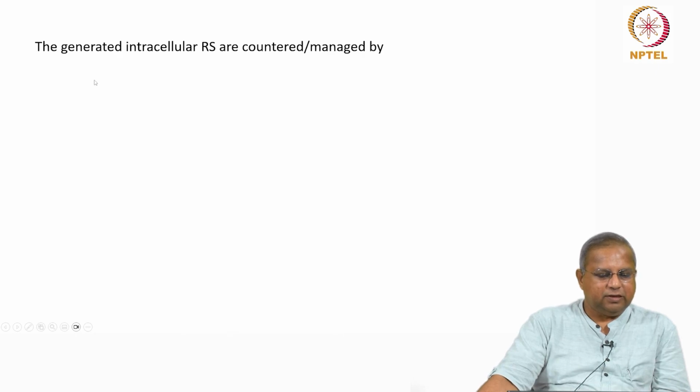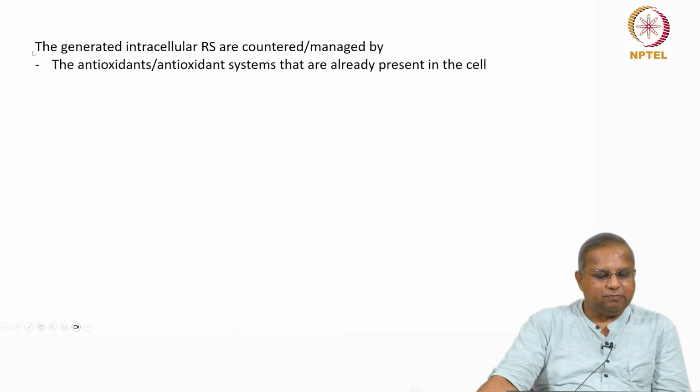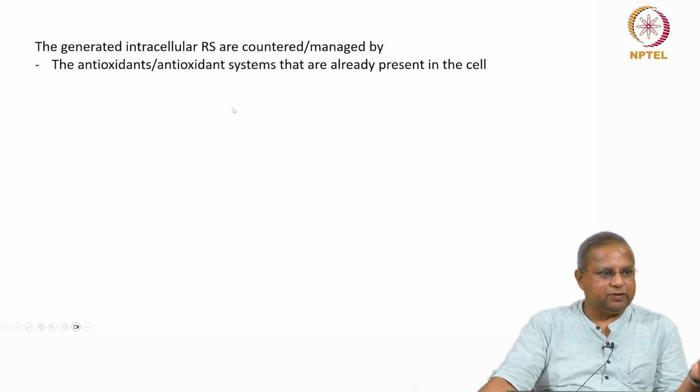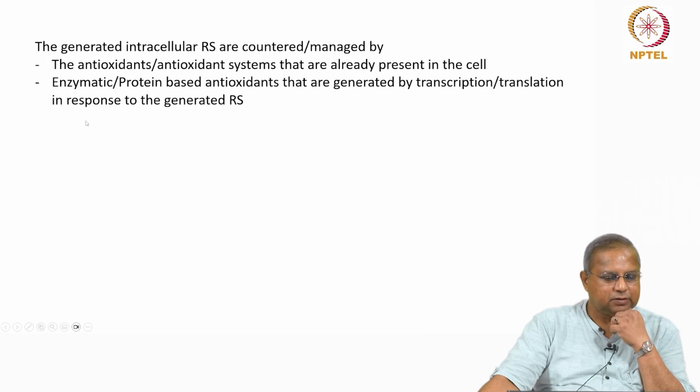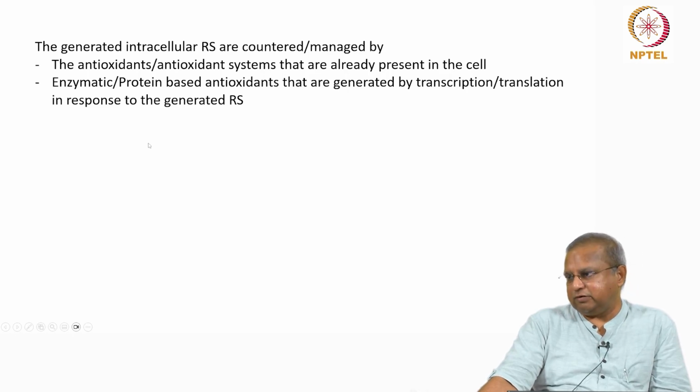So the generated intracellular reactive species are countered or managed by the antioxidant systems that are already present in the cell, which could already be present when the production happens. Also, enzymatic protein-based antioxidants are generated by transcription and translation in response to the generated reactive oxygen species.